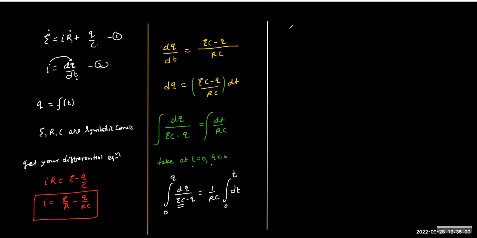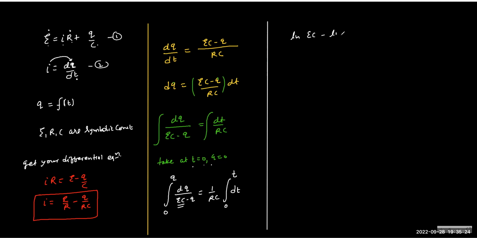Yes, sir. Tell me, Siddhant. So it is log of EC minus log of EC minus Q. Log EC upon... Okay, fine. Tell me.